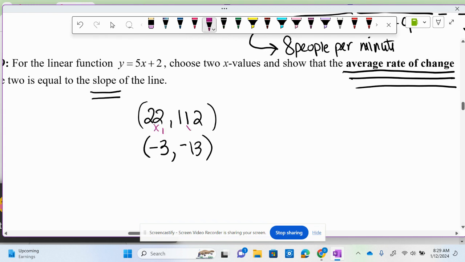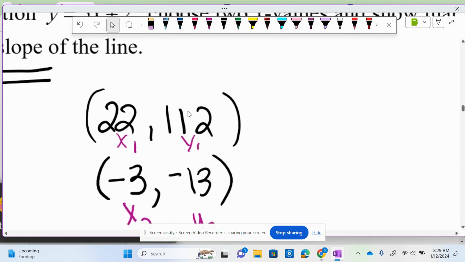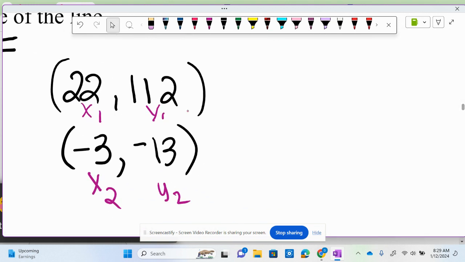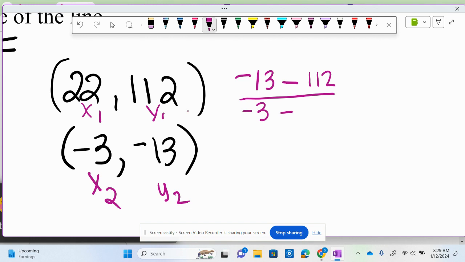This is my x and my y coordinate of the first ordered pair. This is my x and my y coordinate of the second ordered pair. y2, -13, minus y1, 112, over x2, -3, minus x1, 22.